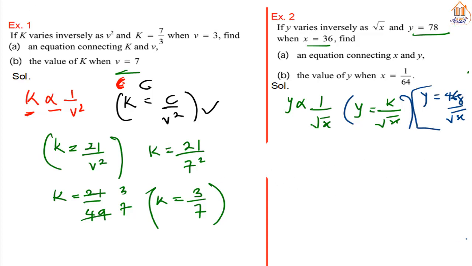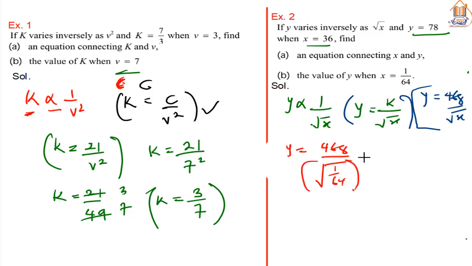Therefore, we have y is equal to 468 all over the square root of 1 over 64. We're going to take care of this square root here now.